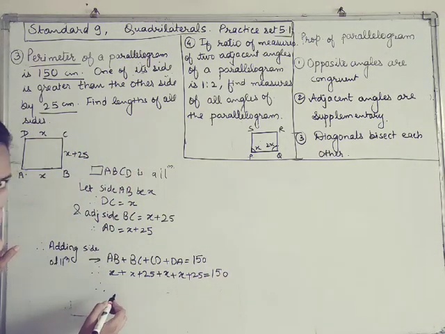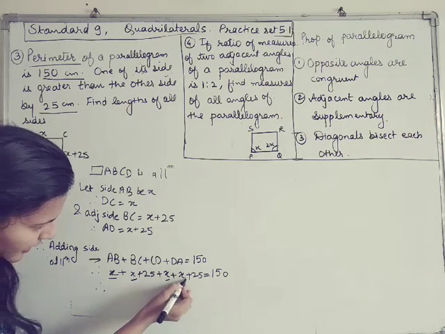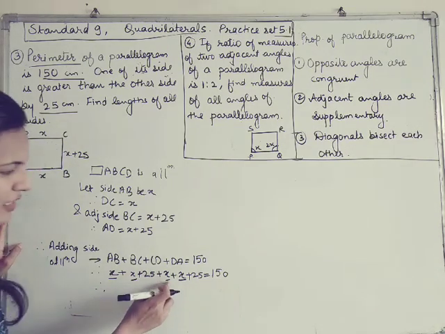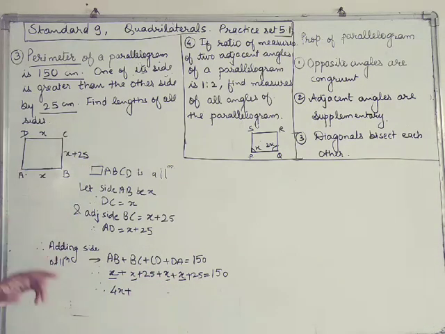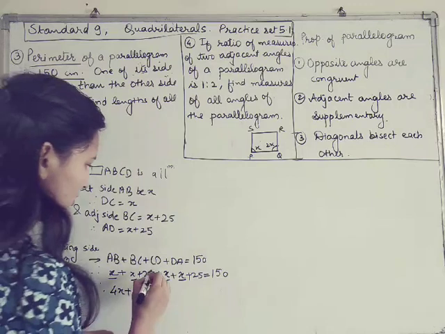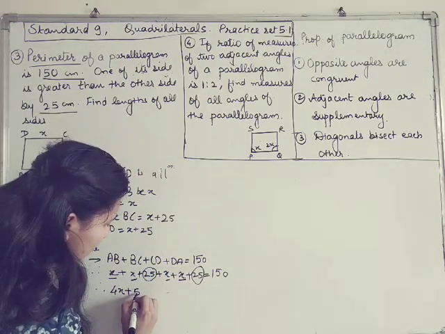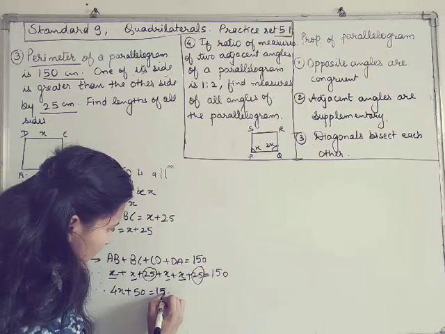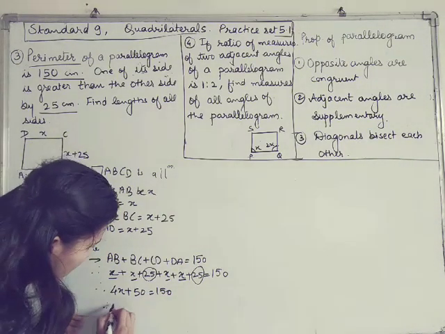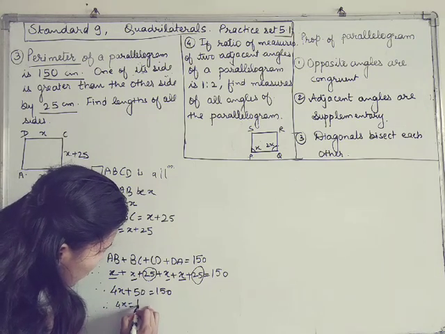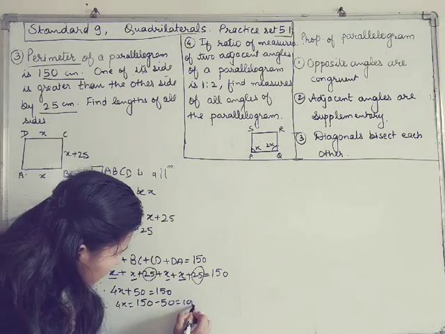So I will solve this. x plus x plus x plus x, that is 4x, plus 25 plus 25, that is 50, is equal to 150. Okay. So 4x is equal to 150 minus 50, that is 100.